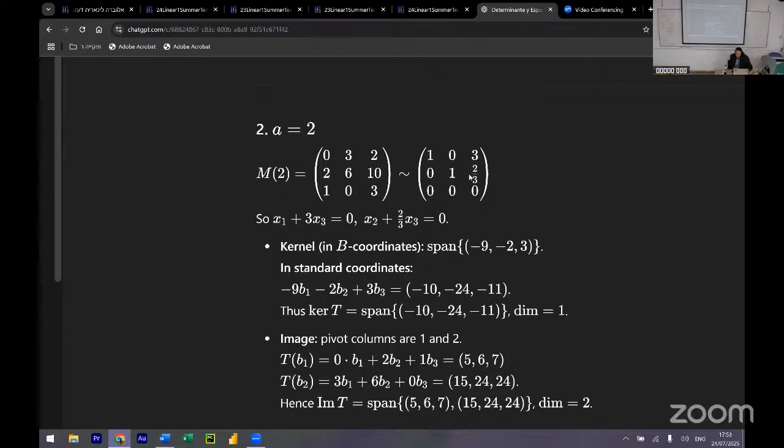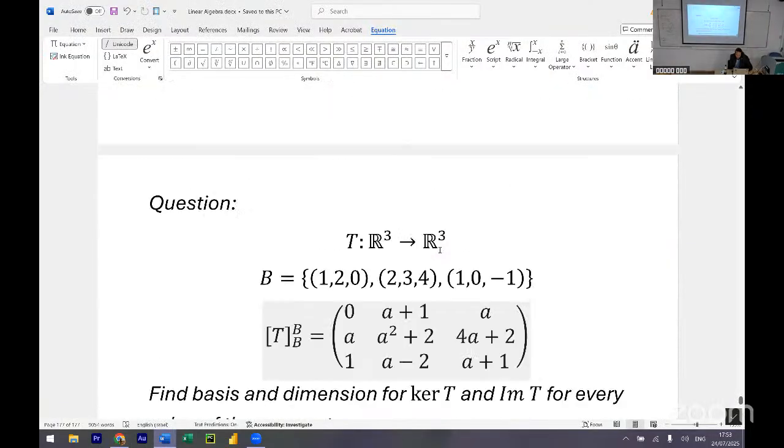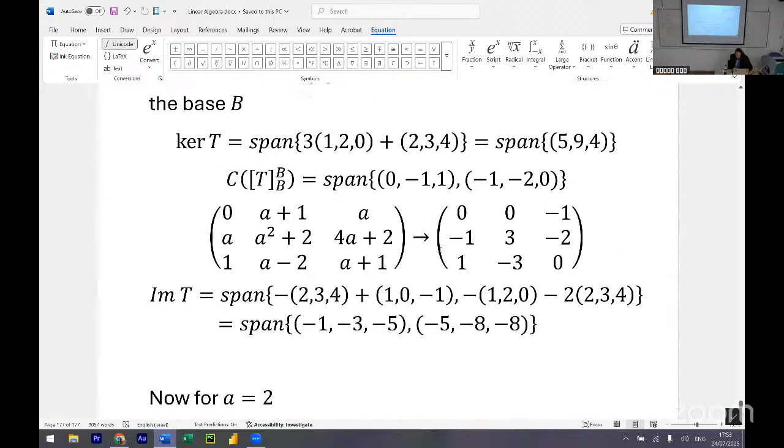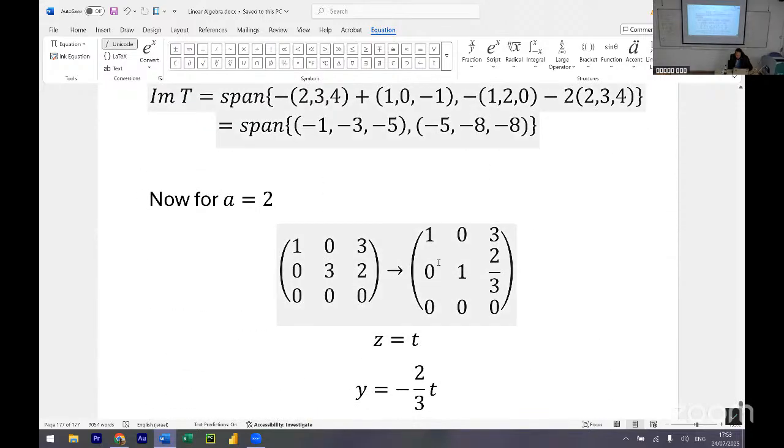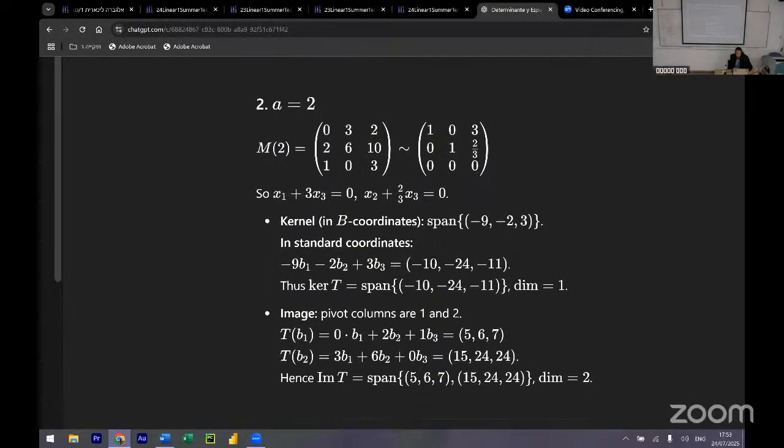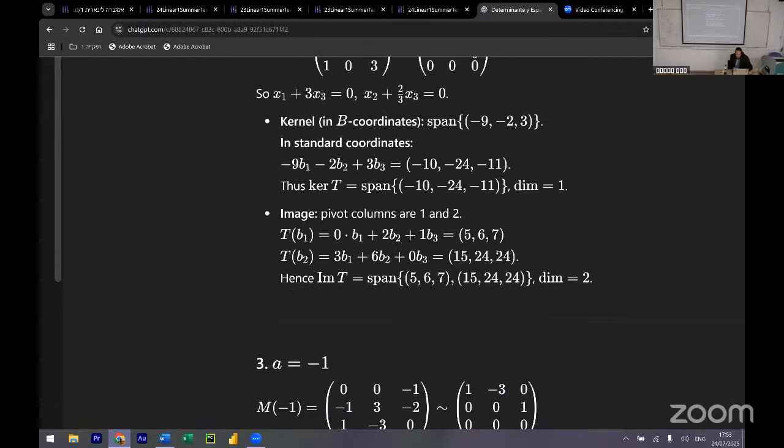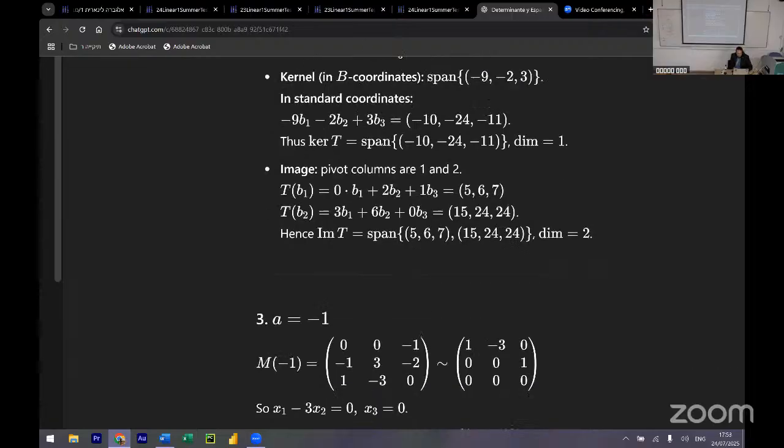Did we get to the same thing? I remember the 2/3. The 3 was there as well. Yes. Okay. So altogether 5, 6, 7, 15, 24, 24, which when divided by 3 is 5, 8, 8. It's the same thing we did, but I divided by 3, he did not.